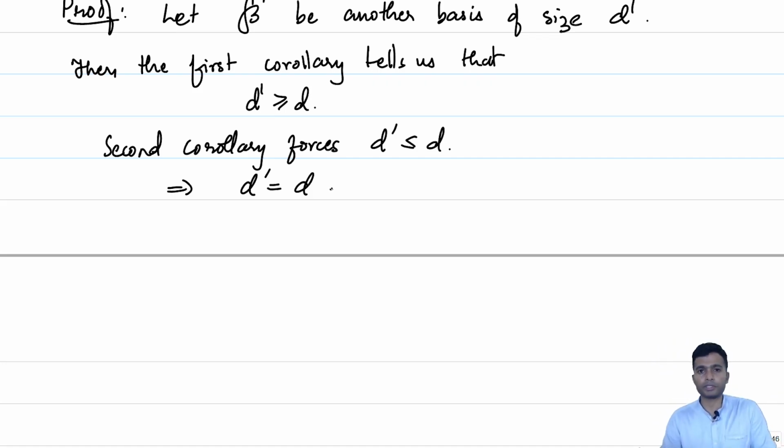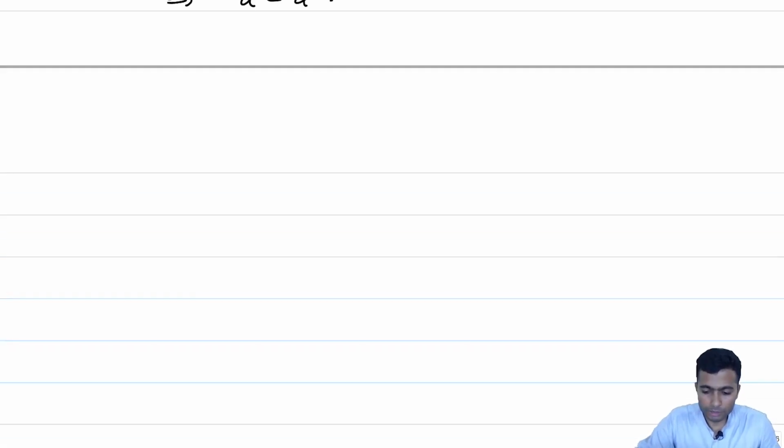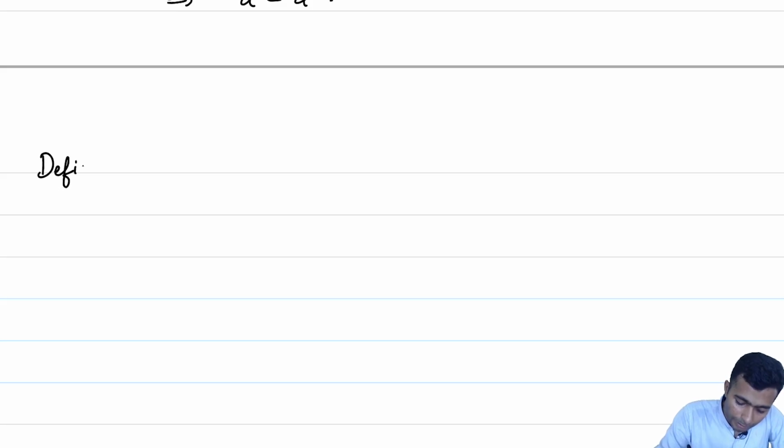And therefore, we have established that if you start off with a vector space which has a basis of size d, any other basis should necessarily have the same number of elements. This number is special, so let's give a name to it. It's called the dimension of the vector space.